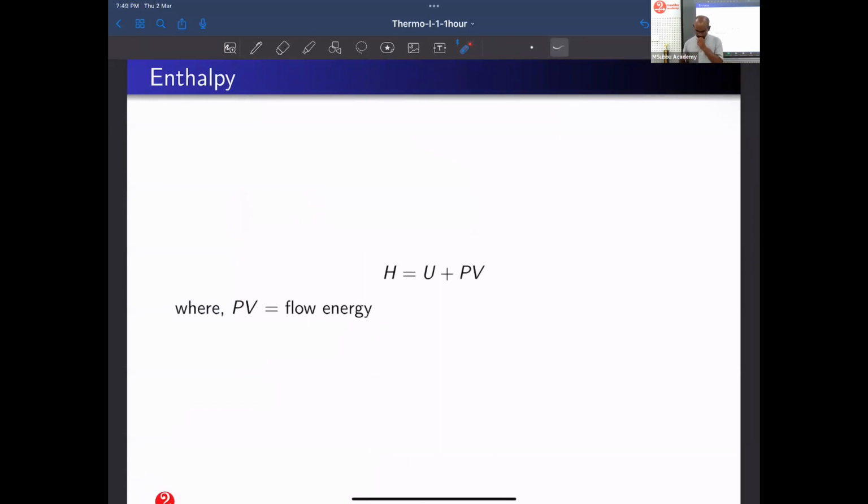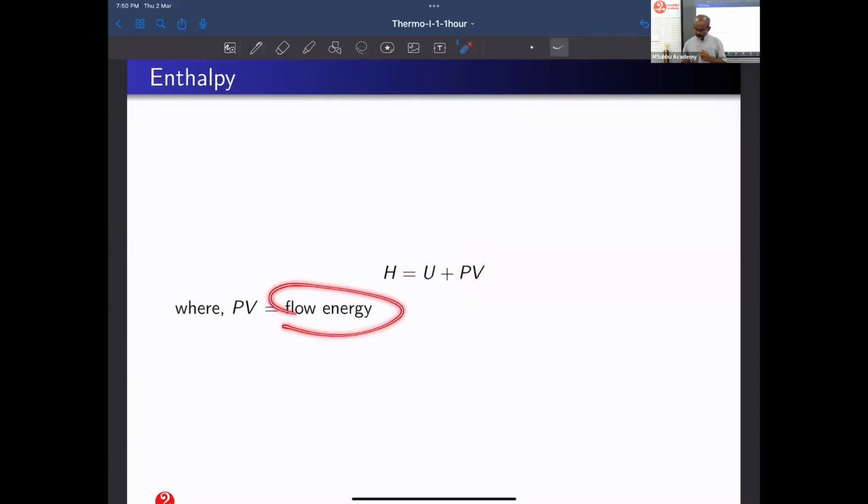Okay. Then the other property, of course, internal energy is one thermodynamic property. The other property is enthalpy, which is very much useful for flow systems. Flow systems mean all our continuous processes. In those cases, instead of using U, it is very convenient to use enthalpy. Enthalpy is actually U plus another quantity called PV.